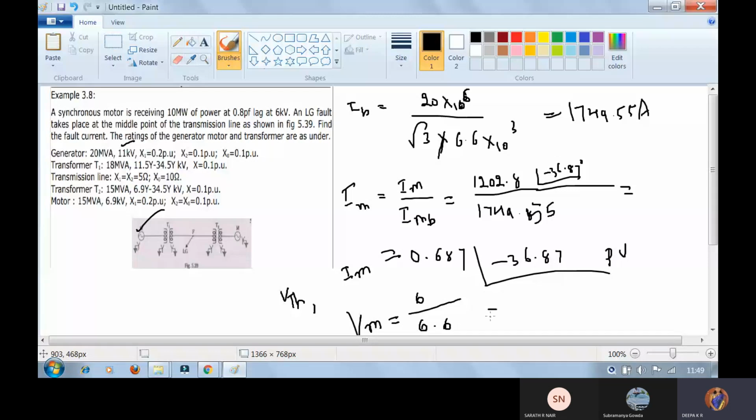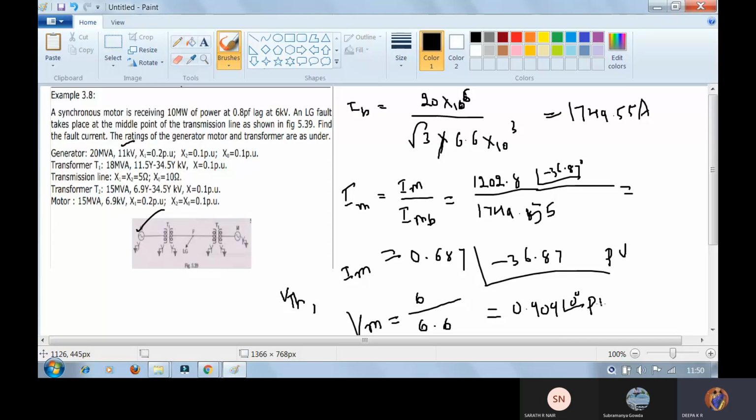Can you simplify this and give me the answer? 0.909, ma'am. 0.909. Very good. 0.909 is the VM answer. Just write it as 0.909 at an angle of 0 degree.